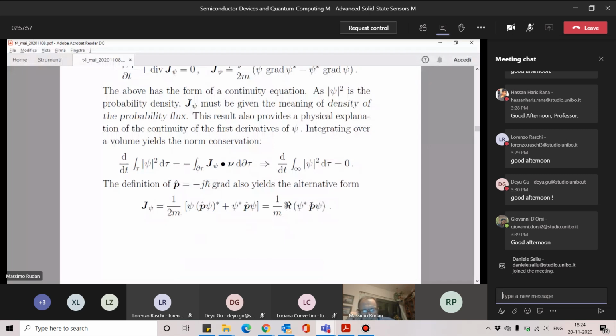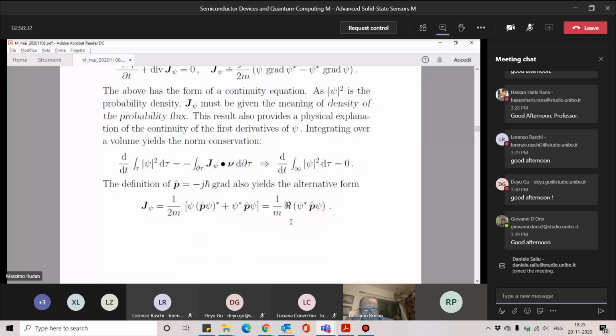For a moment, pretend that p is a number. It is not, but pretend that p is a number, a momentum as a number. Take it out. You have the modulus of psi squared, that is the density of probability, and momentum over m is the velocity. So it is like having velocity times concentration, that is the flux in classical terms, okay?